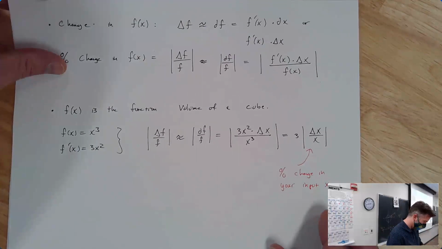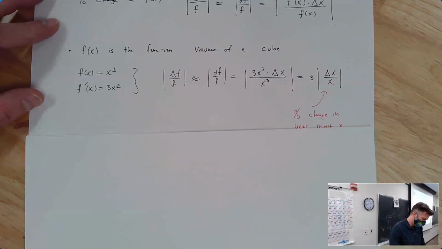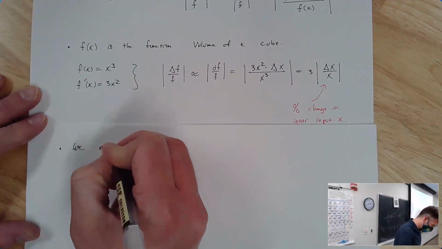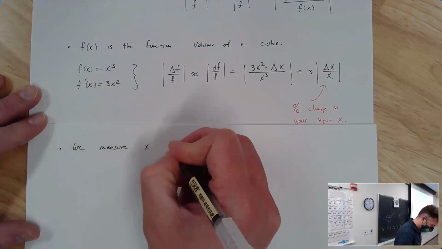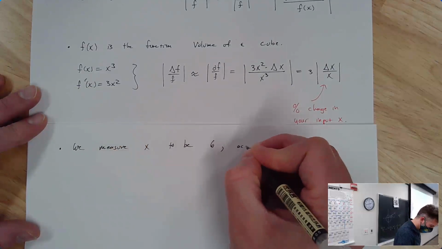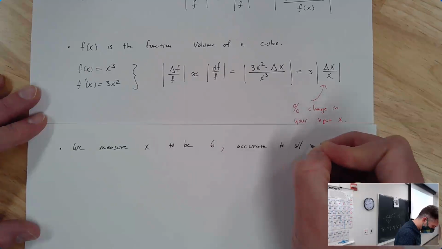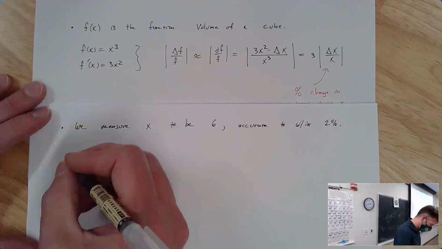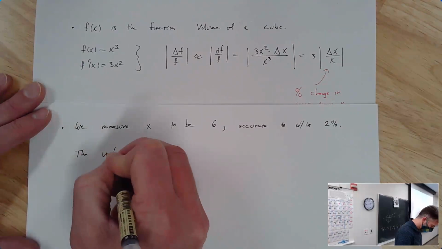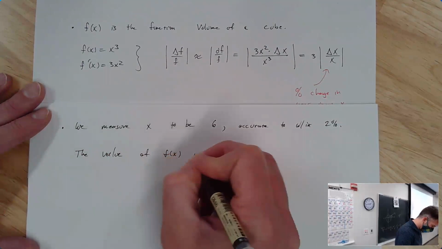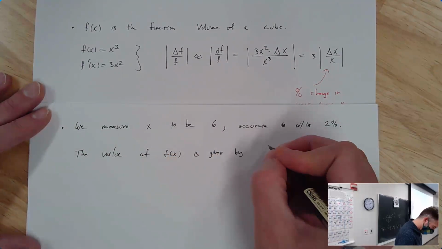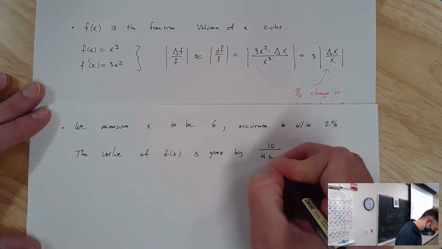Well, let's say we had something like this. We measure x, the input, to be 6, accurate to within 2%. The value of f of x is given by 10 over 4 plus x.